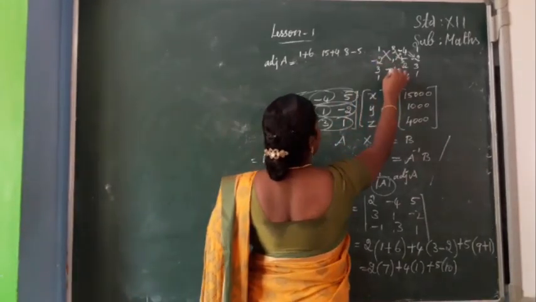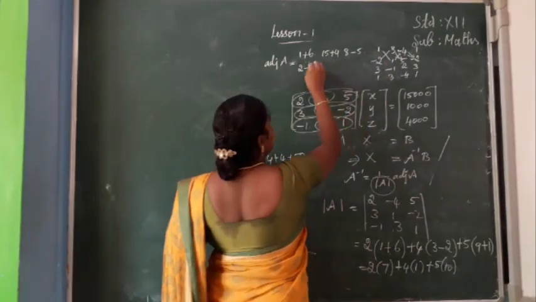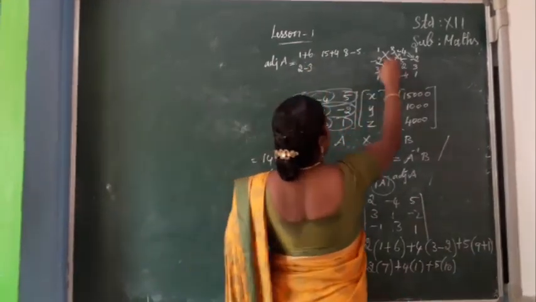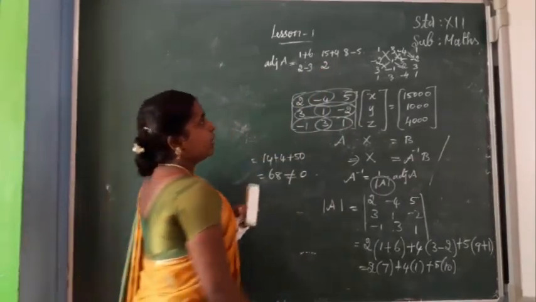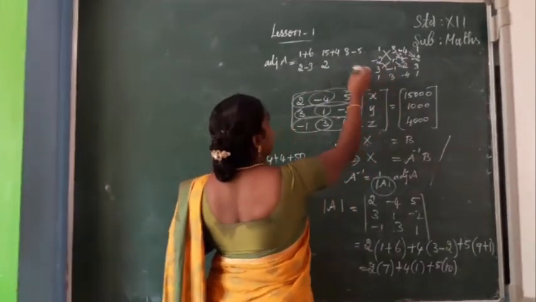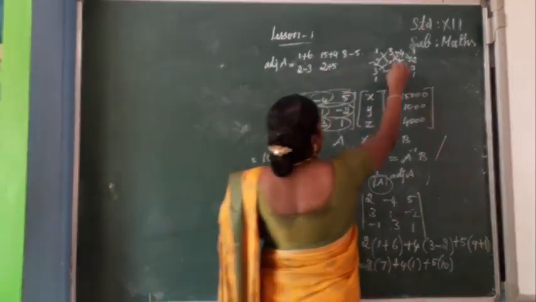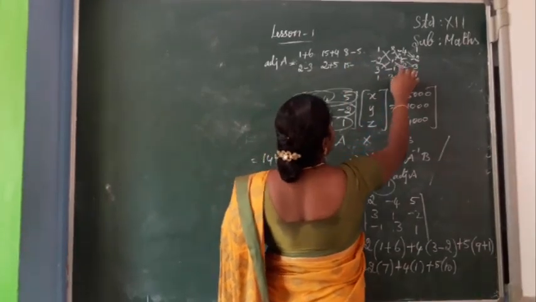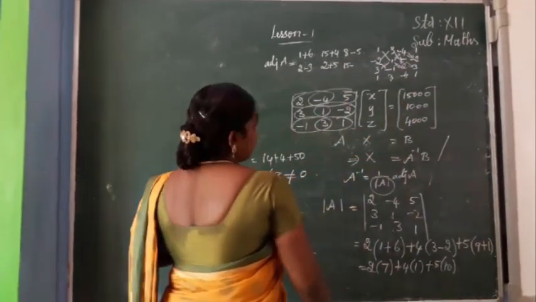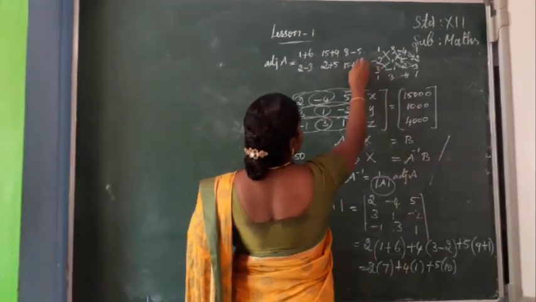Second row: minus into minus is plus, 2 1 is 2, minus 3 1 is 3. Next 1 2 is 2. Next minus 1 into 5 is minus 5, so plus 5. Next 5 3s are 15, minus 2 into minus 2, so plus 2 2s are 4.